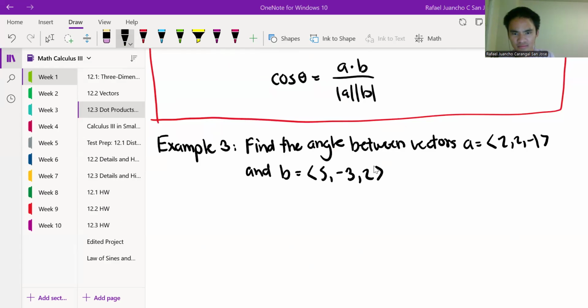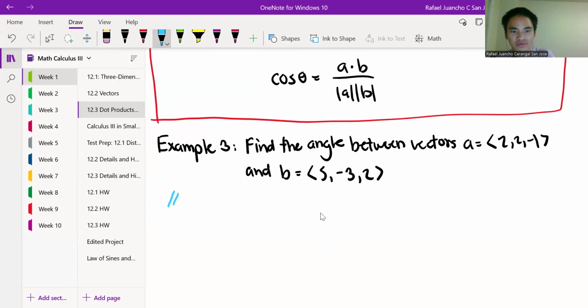Yeah, so we want to make use of this formula that we got, right? So how do we do that? Well, we already have A times B. We want to find their lengths, right?